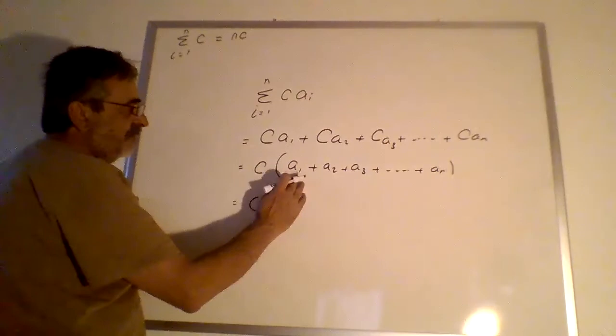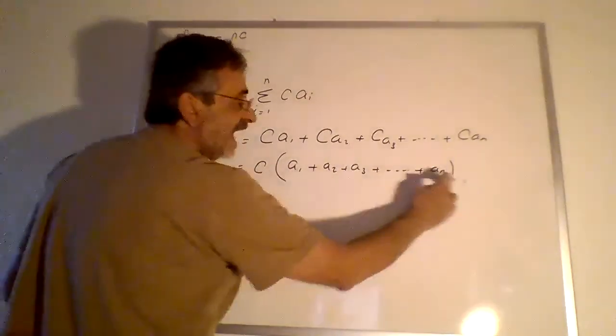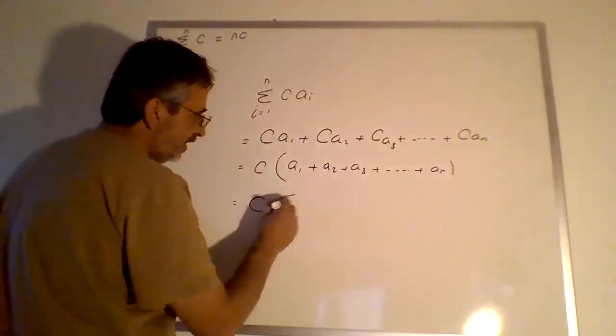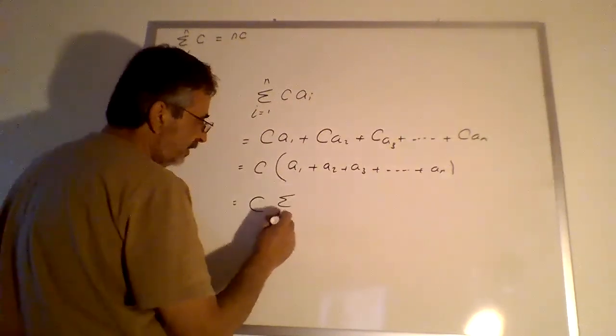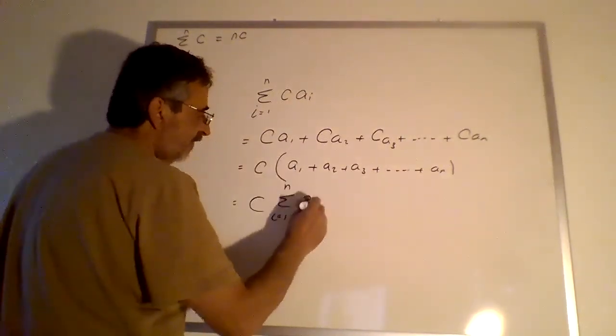And we just said before, all of these added together is just simply summation i equal 1 to n of a_i.